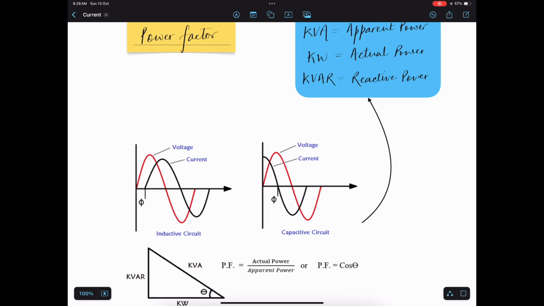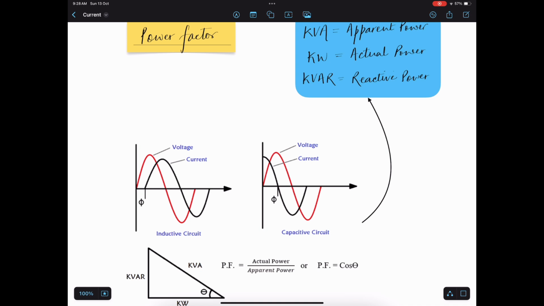So how can we correct them, and why does this wastage of power, or this reactive power, come into play? Whenever we have an inductive circuit, there is an inductive load in that circuit, and the voltage leads the current, or in terms of current, the current lags the voltage.